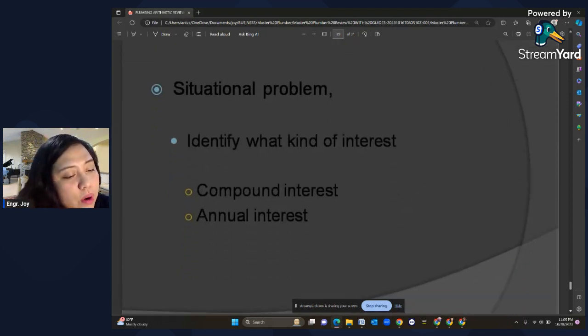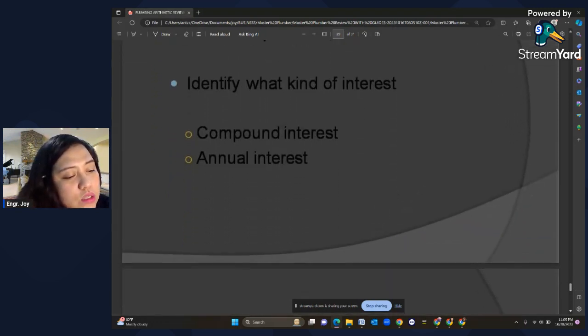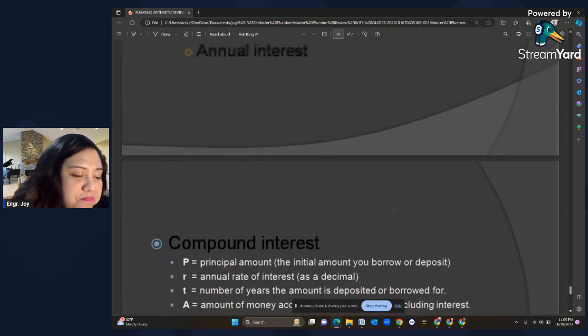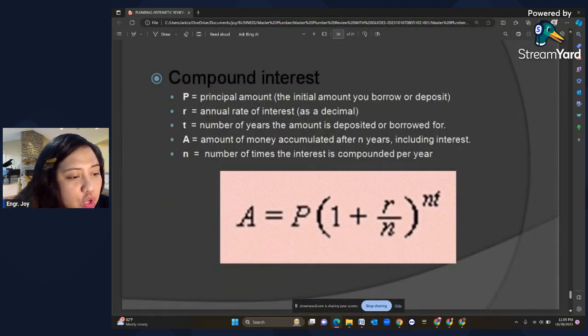So, situational problem: identify what kind of interest. Compound interest, annual interest. Compound interest is this: A equals P times the quantity 1 plus R over N, raised to NT. P is the principal amount, the initial amount you borrow or deposit. R is the annual rate of interest as a decimal, and T is the number of years the amount is deposited or borrowed for.